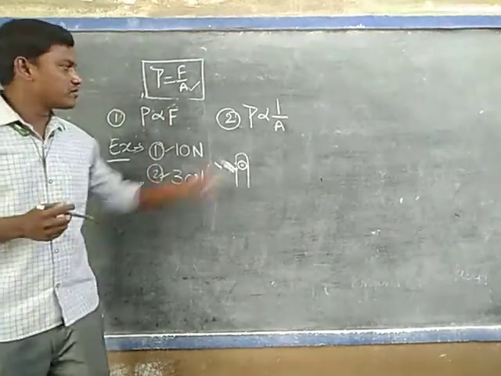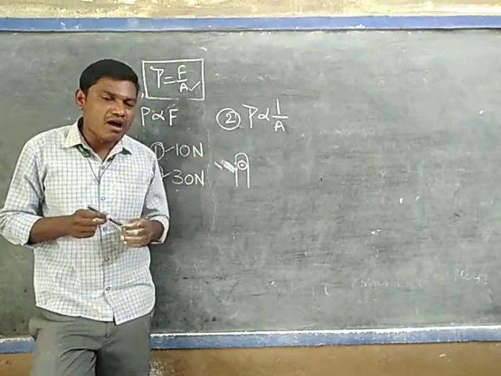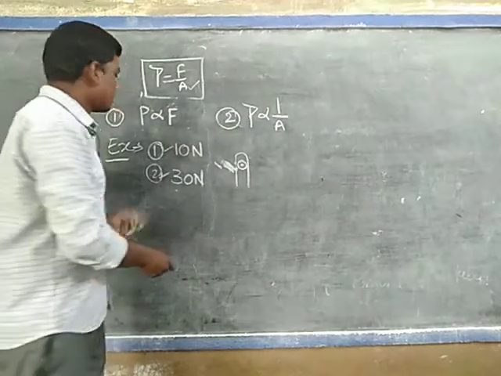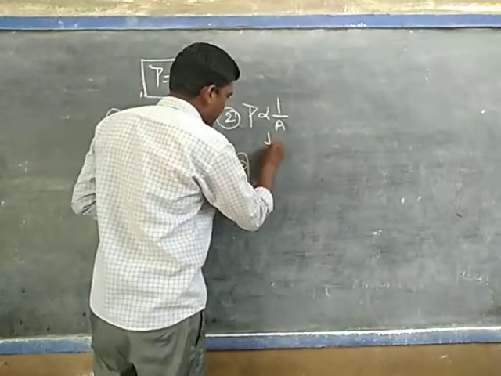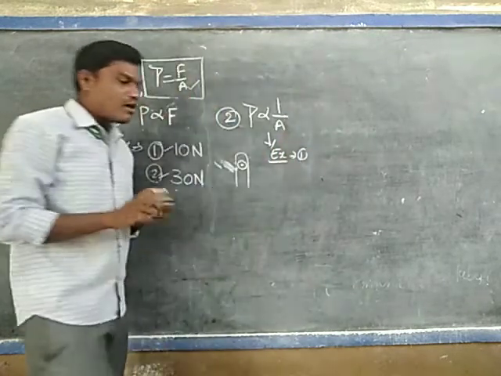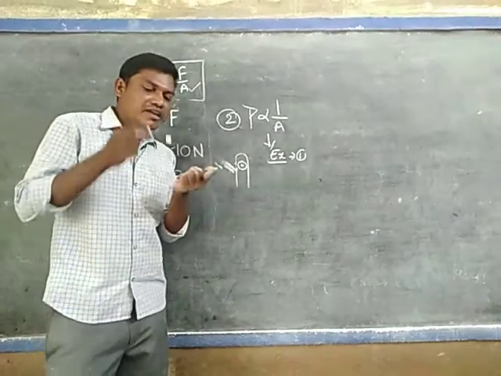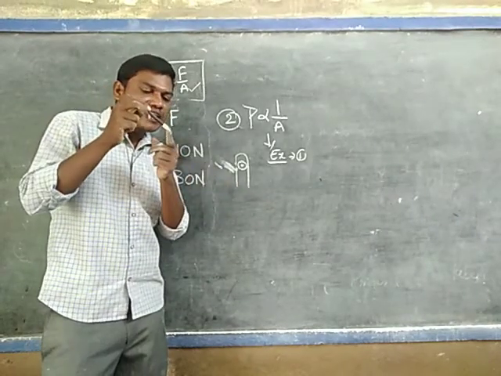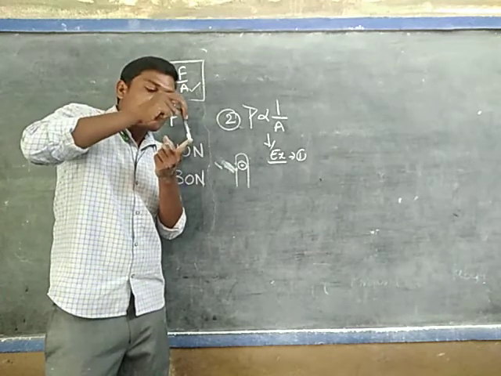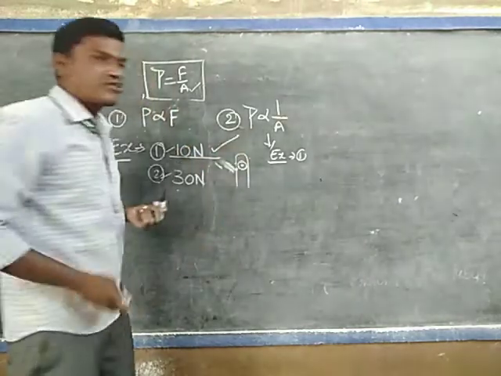Now we can come to that one. Pressure is inversely proportional to the area of cross section. Same thing we have considered. For this example, you can do the same activity: place the blunt side of the pen on your finger and apply 10 Newton force.